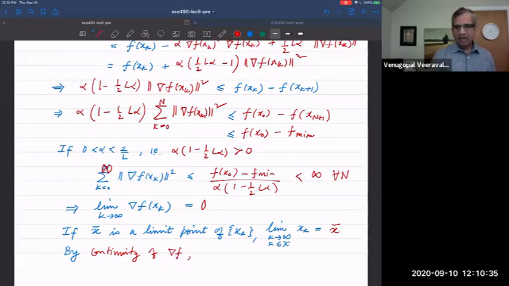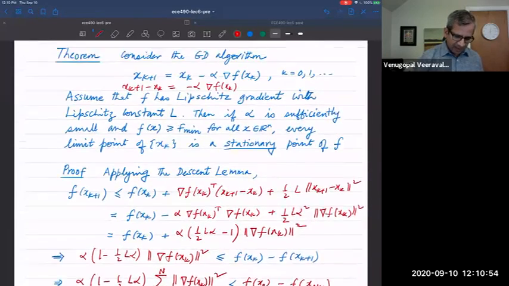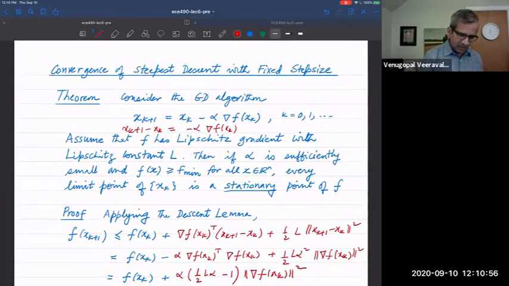To conclude that, since I'm going along the sequence to x bar, the gradient at x bar must be equal to 0 by the continuity of the gradient. So what we have basically shown is that every limit point of xk is a stationary point of f. Okay. Any questions?